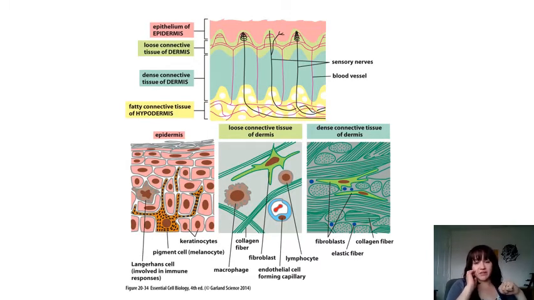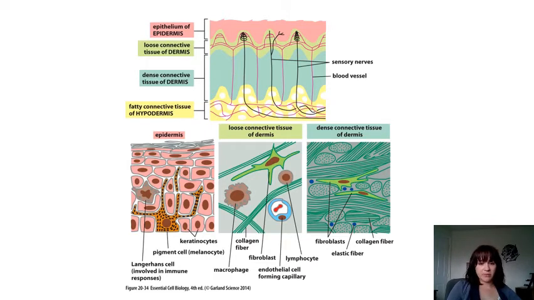Just to emphasize this point, the tissue is really a community of a variety of cell types. In the skin tissue, we can find epithelium, fatty tissue, nerves, and blood vessels. There's also precise organization of how this is all arranged.